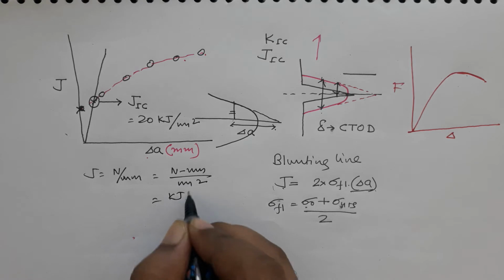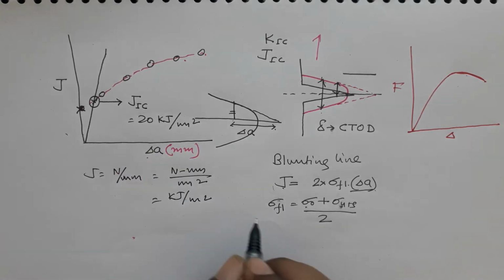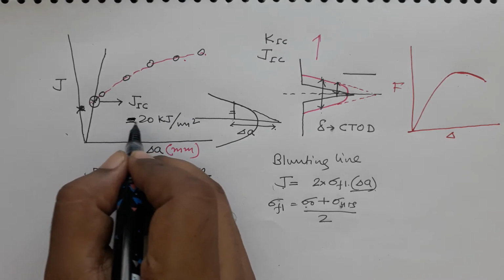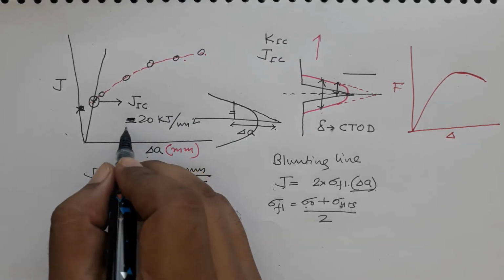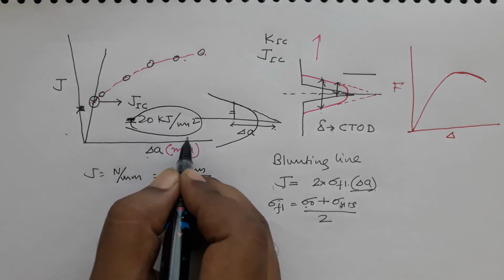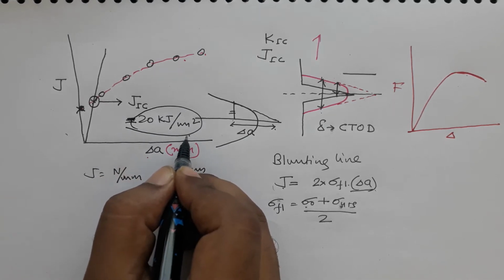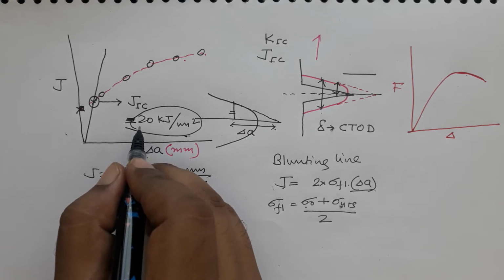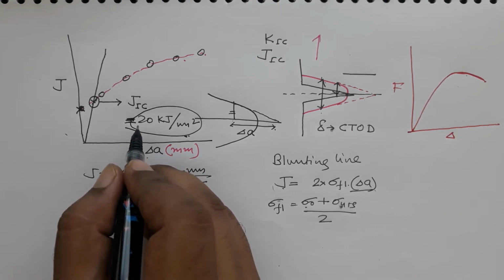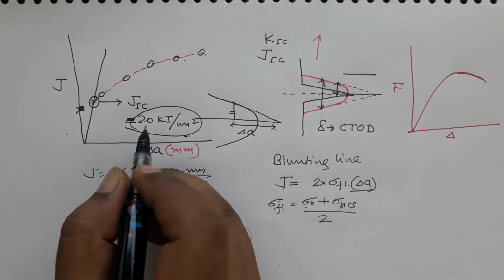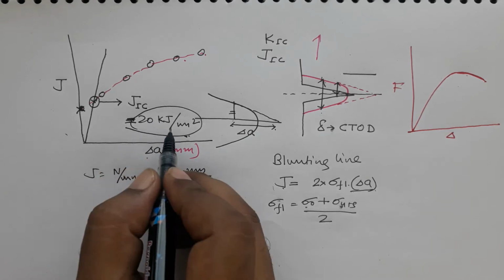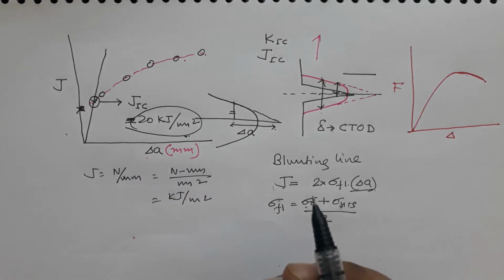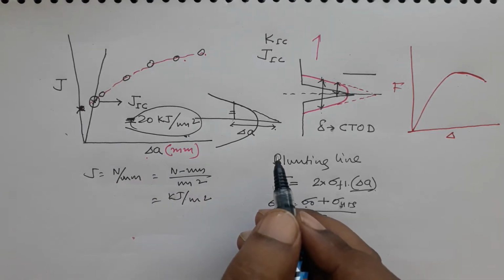So, that will be kilojoule per millimeter square. Yeah, so that is right. So, if you say for some material J1C is 20 kilojoule per meter square, then it means that once you applied a force which results in an energy of more than 20 kilojoule per meter square, then a crack growth will start in the material. Okay.